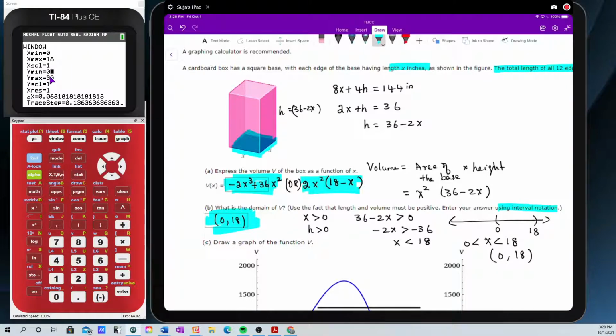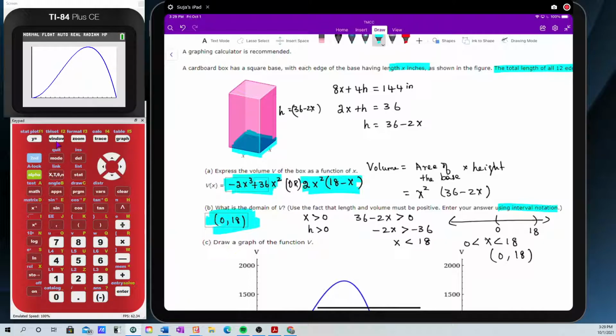Now y maximum, I'm just leaving it at 10, and we definitely have to change that, but we'll do the first graph with what we see here. This very clearly says that the graph is going up and coming down, so there is a maximum point. Let me put zoom fit just to see at least a portion of the graph, and that's beautiful.